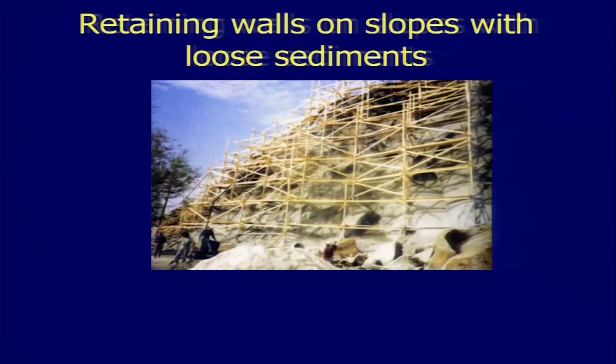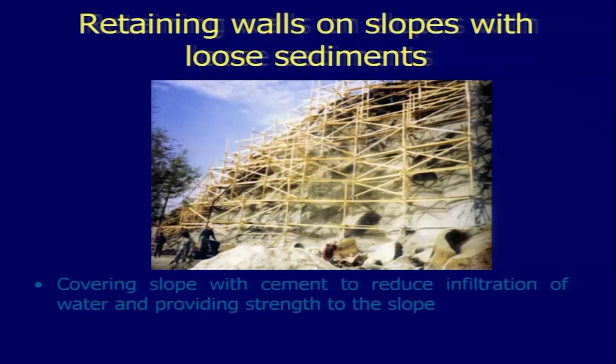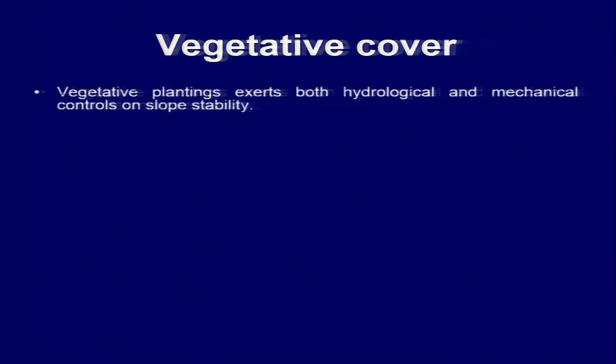Retaining walls, if you are having a very loose material. Vegetation cover. Now vegetative plantings exert both hydrological and mechanical controls on the slope stability.